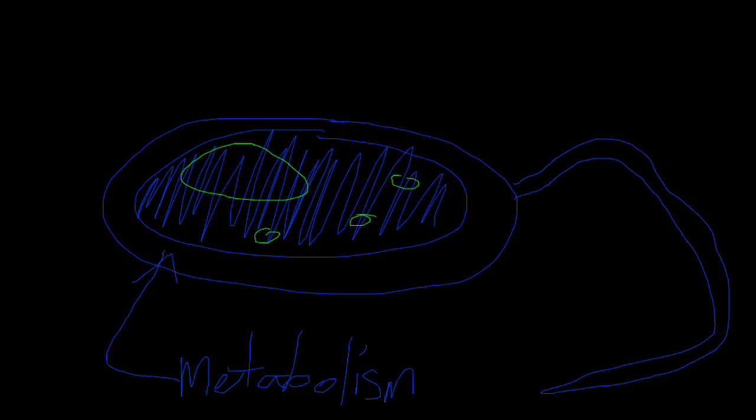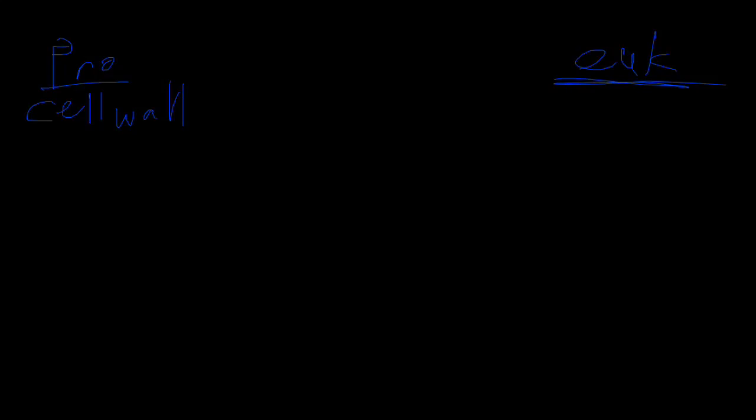So, to conclude, let's make a little table about the difference between prokaryotes and eukaryotes. Prokaryotes are going to have a cell wall, and in eukaryotes, we are going to find a cell wall only in fungi and plants.